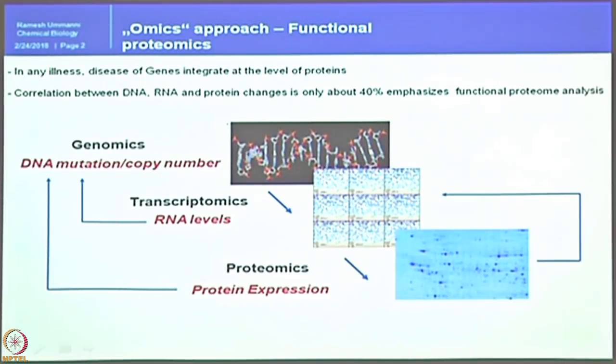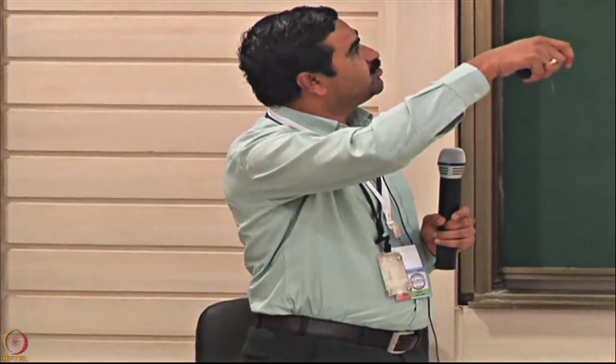But those genes alone cannot do anything. The molecular functions of a cell are carried out by the products of the genes. If you look at the correlation between gene and protein, it is very poor. Between gene and RNA, the correlation is only 60%. That means 40% of genome information is already missing at the transcriptome level.